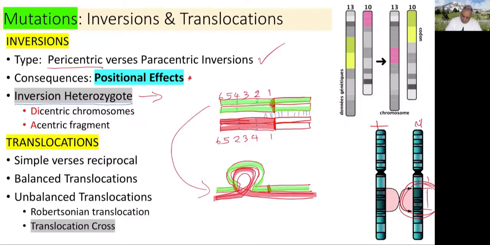And if you look carefully, let's use black to label these down. So segment 1 will still be here. Segment 2 will be there. Segment 3 will be there. Segment 4, segment 5, and segment 6 of the top green homologue. And now the bottom homologue would be like this.